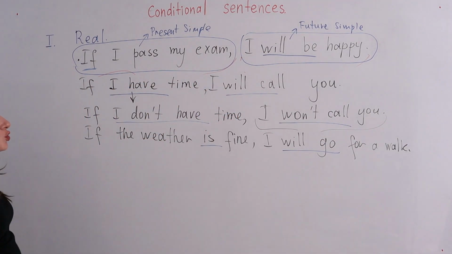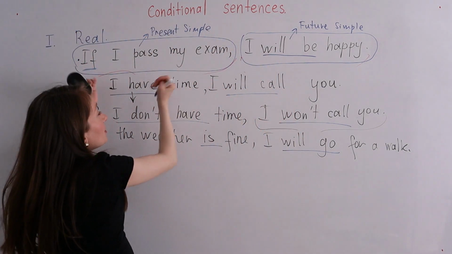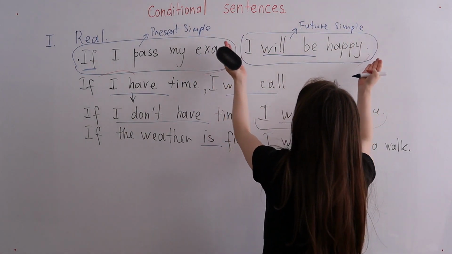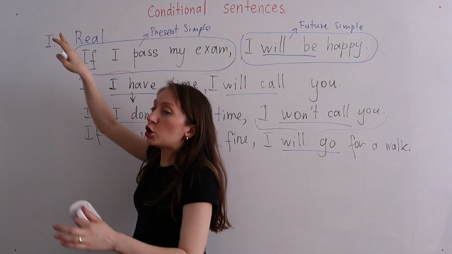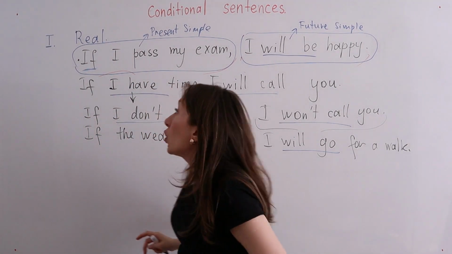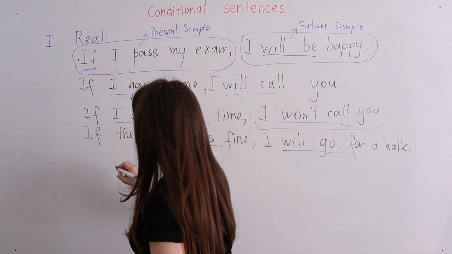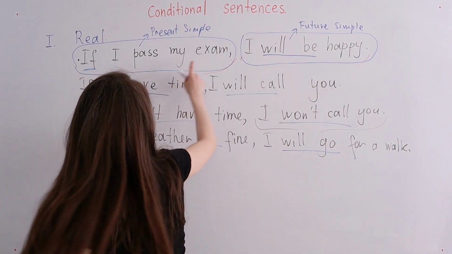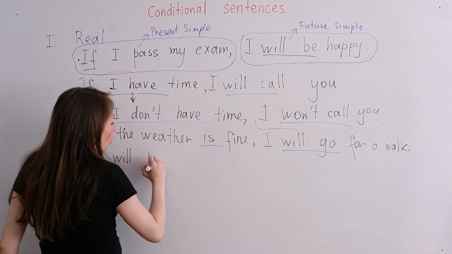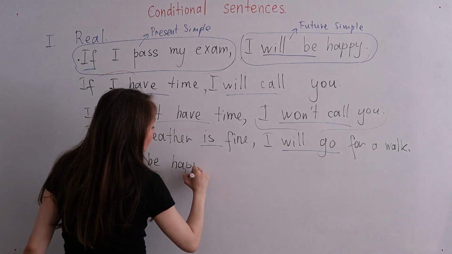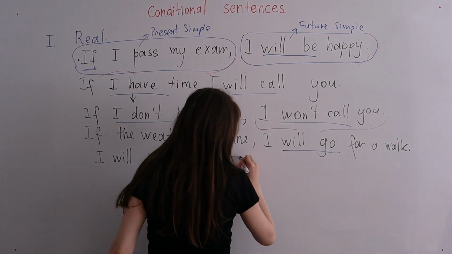The main rule here: we have two parts, the if part and the main clause, the will part. Inside of if, you don't use will. Also, you can change the order. For example, I will be happy if I pass my exam.